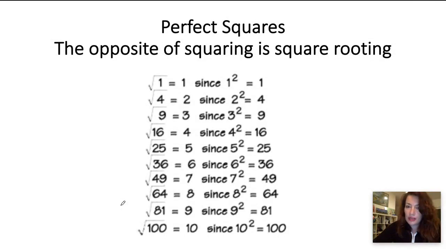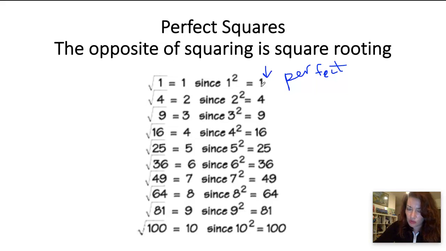Now, what is the opposite of squaring? The opposite of squaring is square rooting. So if you look down this list, here are our perfect squares. Okay, so 1 is a perfect square, 4, 9, 16, 25, 36, and so on. So I have all these listed here. These are my perfect squares. So if I square 1, I will get 1.